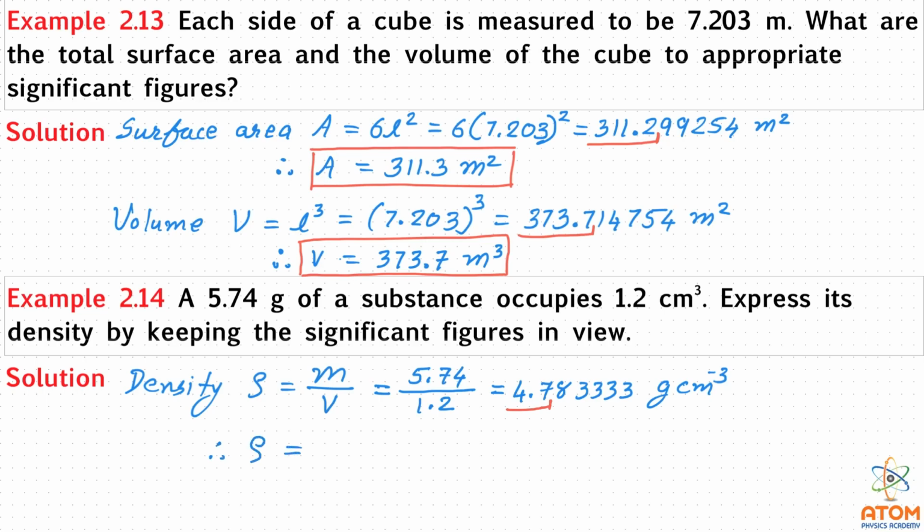Density rho is equal to 4.8 gram centimeter inverse cube. Because when I remove this 8, it is larger than 5, so this 7 will be converted to 8. And so here is our answer considering significant figures, that is 4.8 gram per centimeter cube.